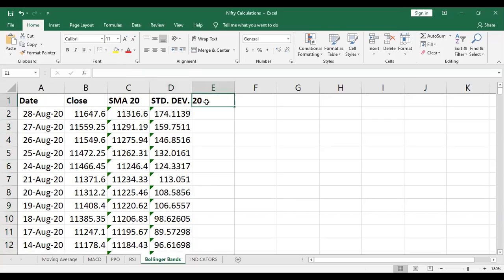Now we are calculating the upper band and lower band.